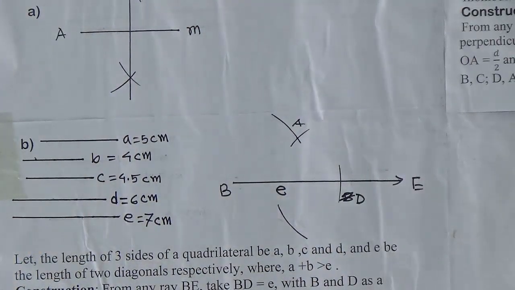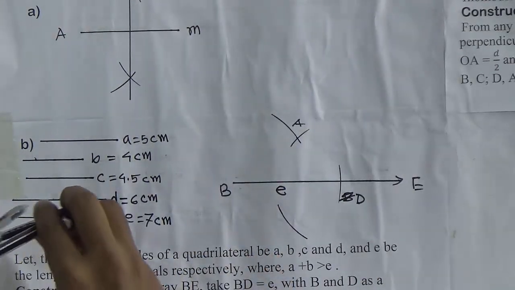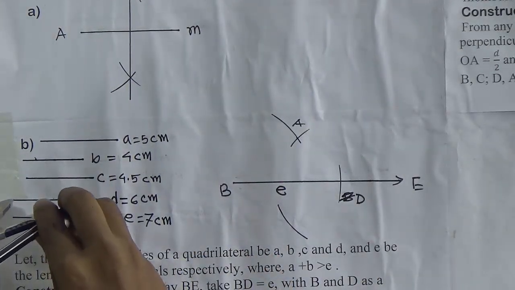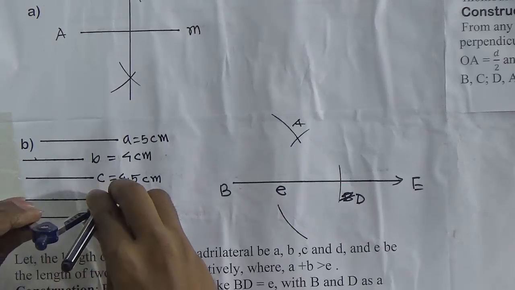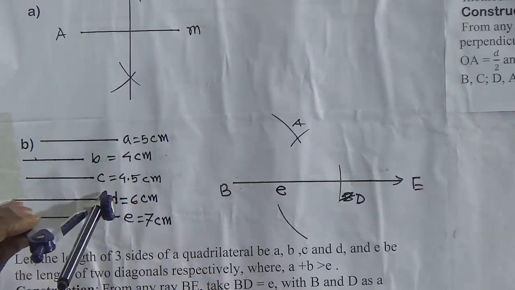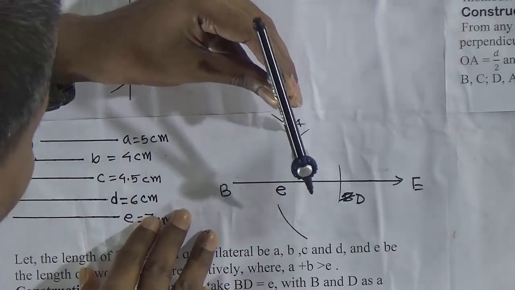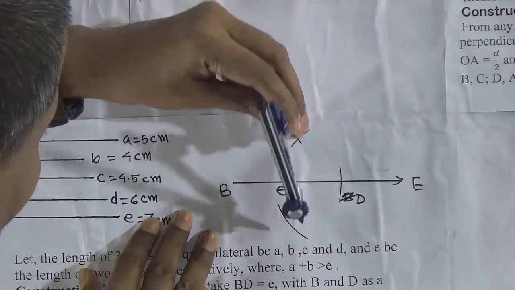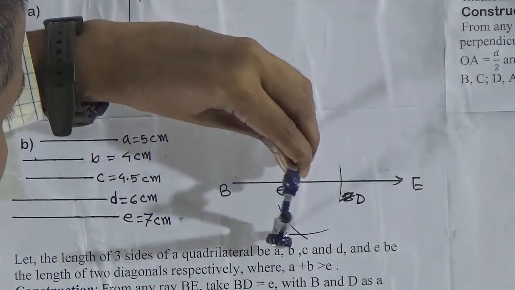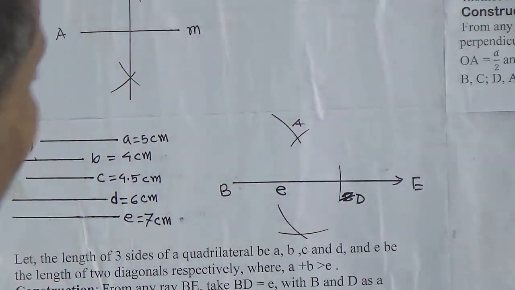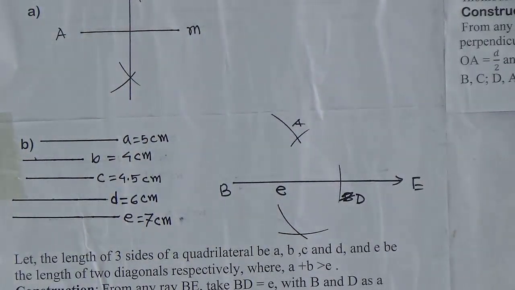Now taking A as a center, we draw another arc opposite of A, which is equal to d equal to 6 centimeter. These two arcs intersect at C.